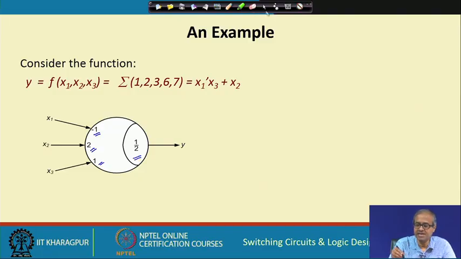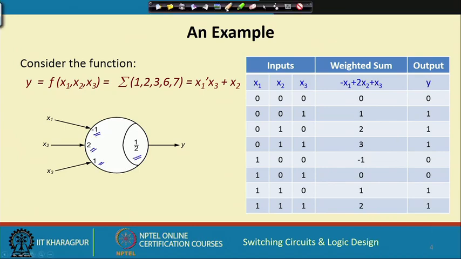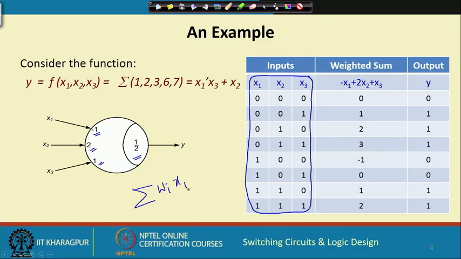Let us see how this gate works. Look at this truth table. On one side we have considered all possible input combinations of x1, x2, x3, and because the weights are -1, 2 and 1, we are computing the weighted sum, as I had said, weight multiplied by the inputs.